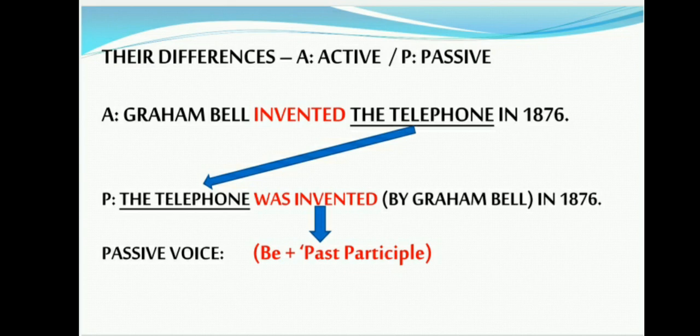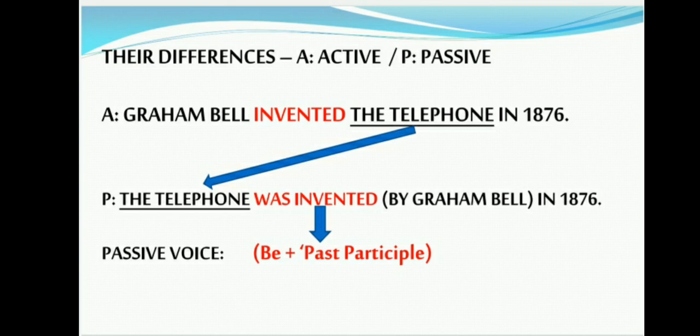I can mention who performed this action, like by Graham Bell, or if I just want to emphasize things about the telephone or the time, I'm going to say the telephone was invented in 1876. So this by Graham Bell is not necessary, but if I want to mention, there is no big deal.